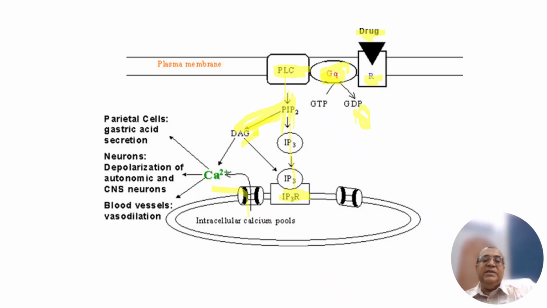So increased calcium ion concentration within these parietal cells will result in the release of gastric acid secretion. In the neuron, it will result in depolarization of autonomic and CNS neurons, and in the blood vessels, it will result in vasodilation.